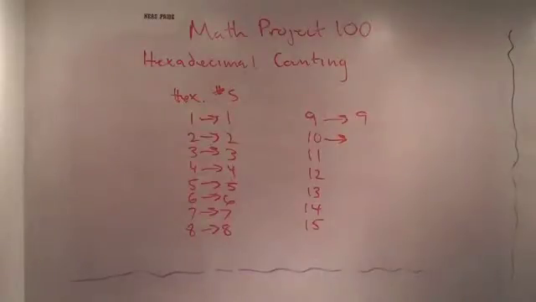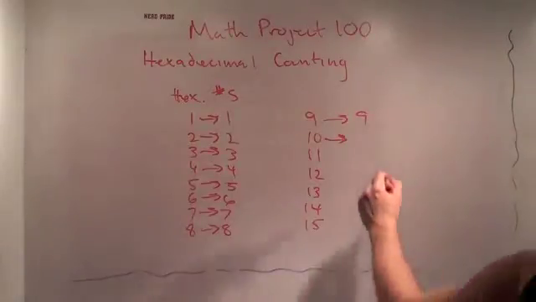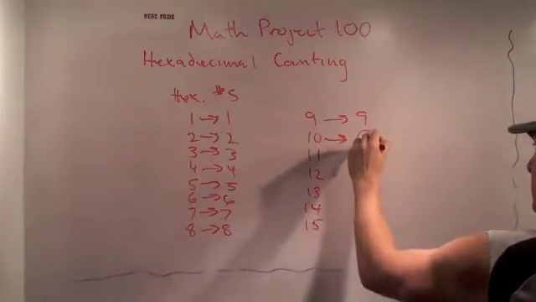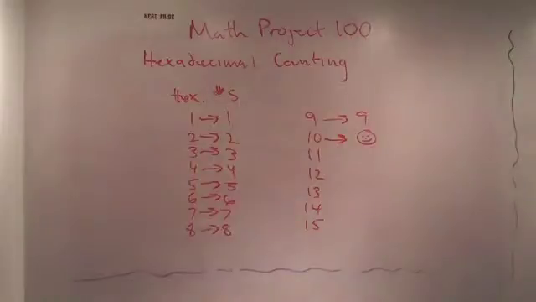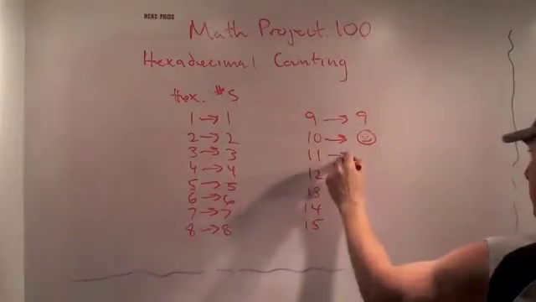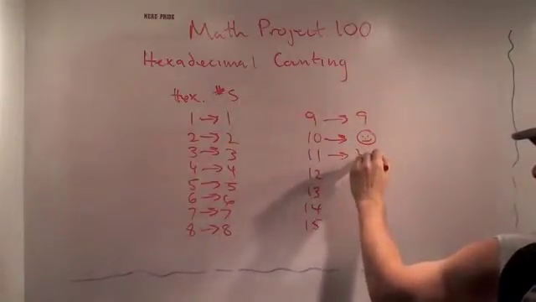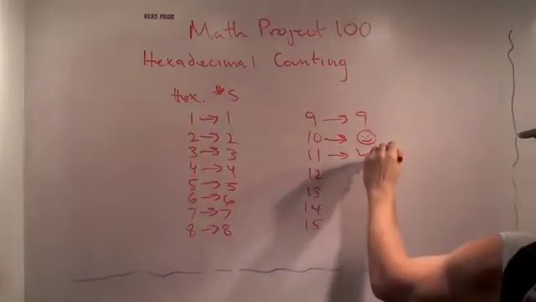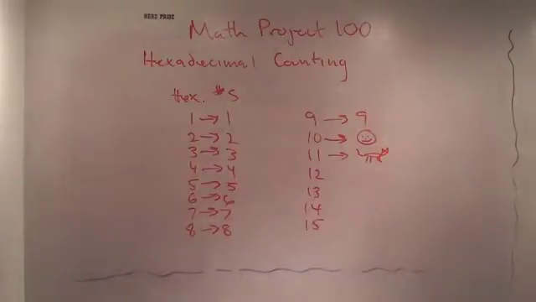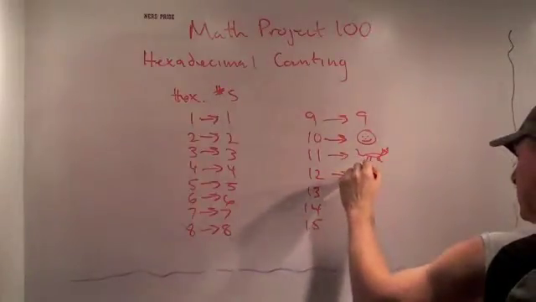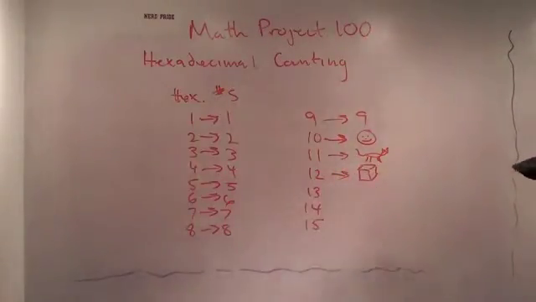We need some other symbol that's going to mean the number 10. Now you could pick any symbol you wanted. You could pick a smiley face to mean 10, and a little picture of a cat to mean 11, and a cube to mean 12.